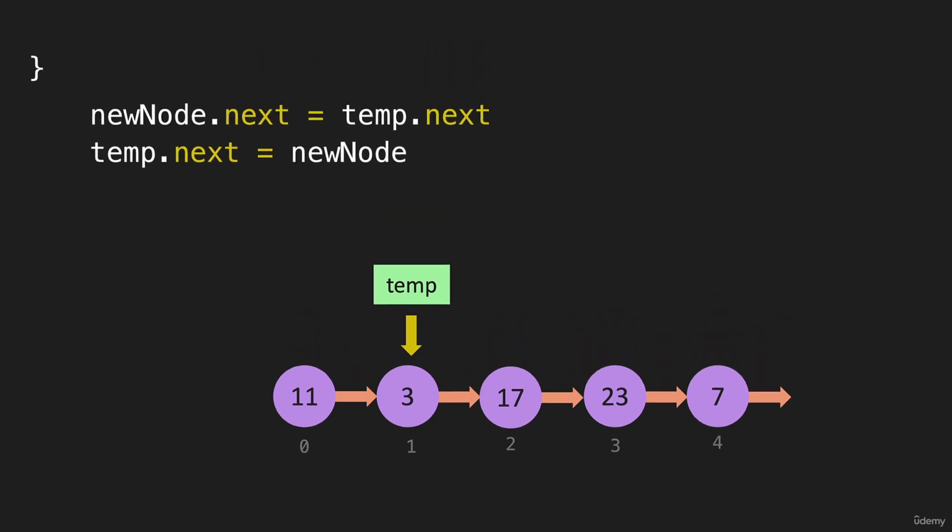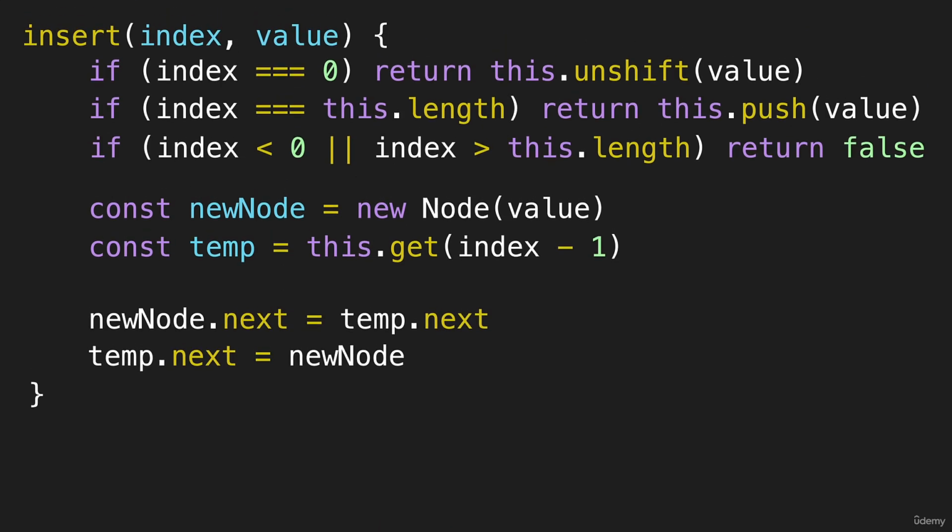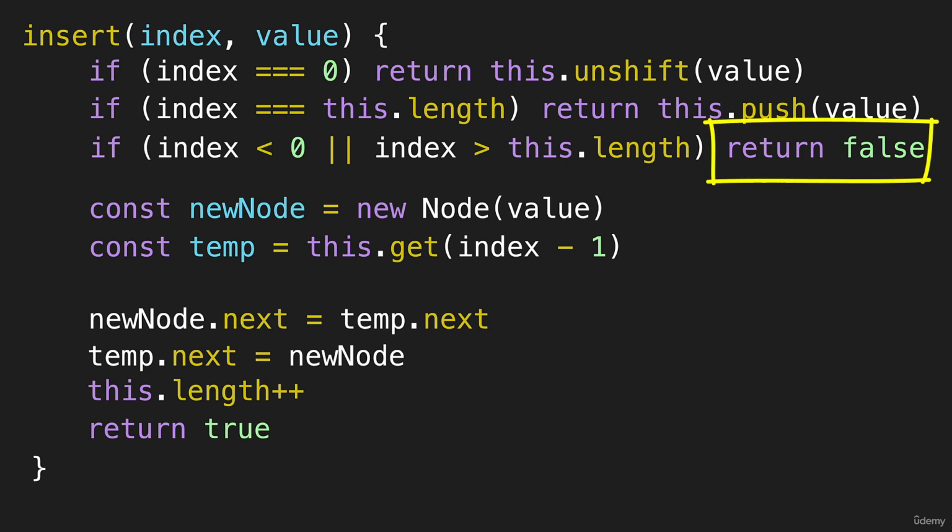So now let's look at this code with the rest of our code, just like this. The only things left to do are to increase the length by 1, and then we will return true, because we used a return of false in the 3rd line of code up there in that if statement.